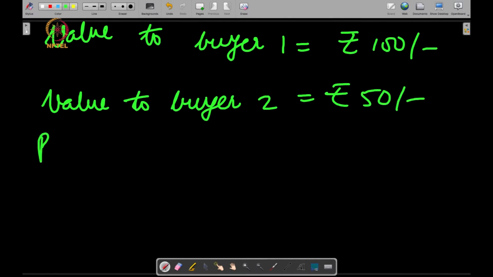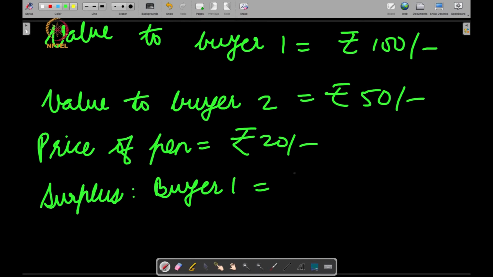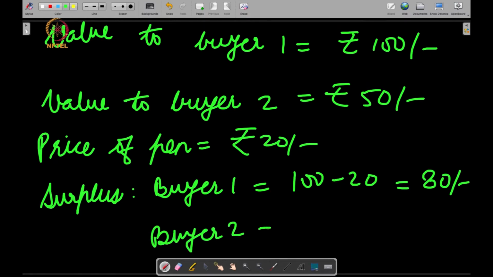Now, if this pen is available for a price of 20 rupees, then in that case, the surplus for buyer 1 is 100 minus 20 is 80 rupees, and the surplus for buyer 2 is 50 minus 20 is 30 rupees.